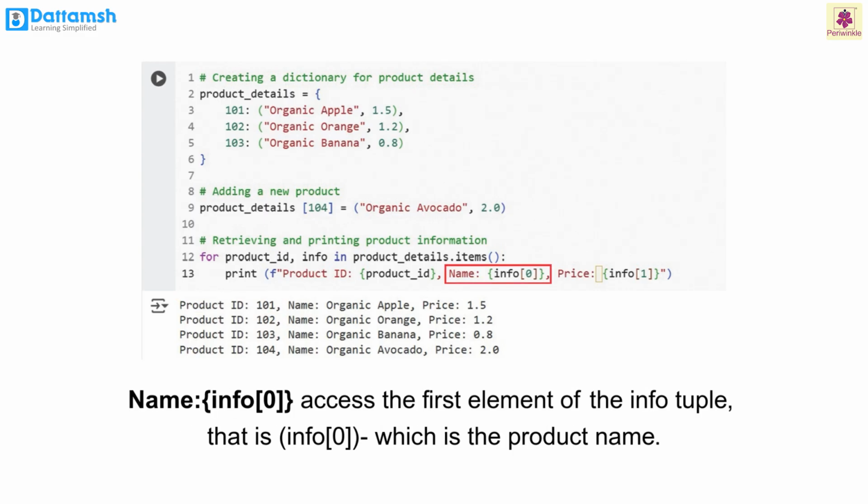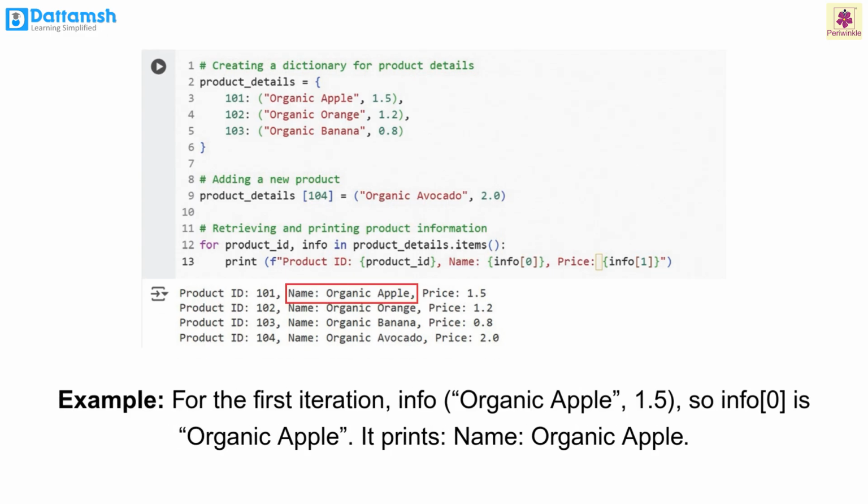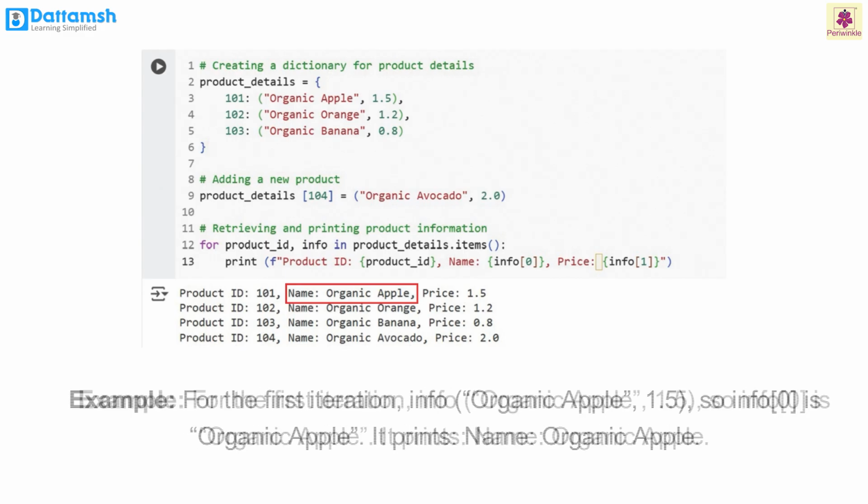Name, info[0], accesses the first element of the info tuple, which is the product name. For example, for the first iteration, info is organic apple, 1.5, so info[0] is organic apple, and it prints name organic apple.